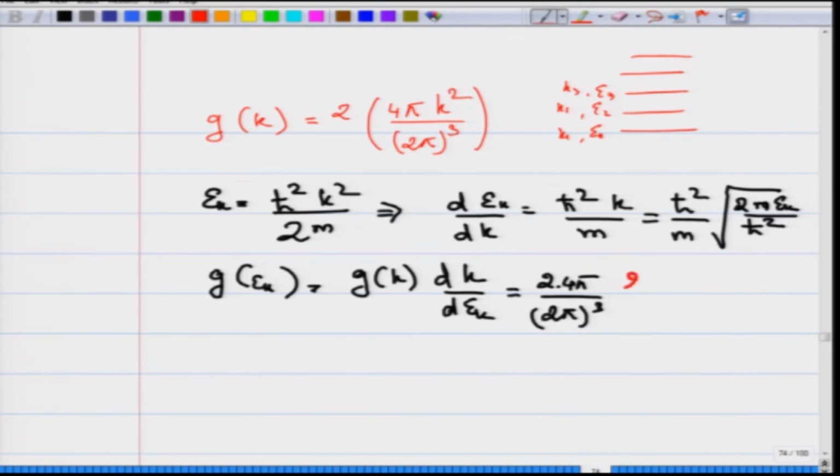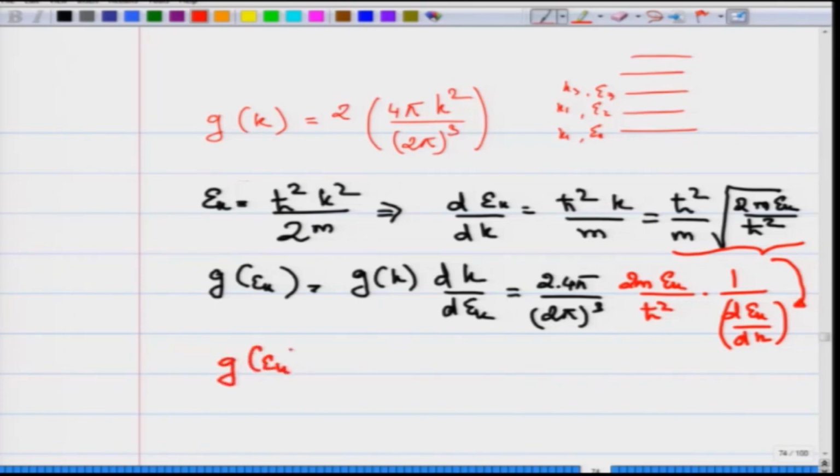So, 2m E_k by h cross square into 1 over dE_k by dk, which you can get from here.